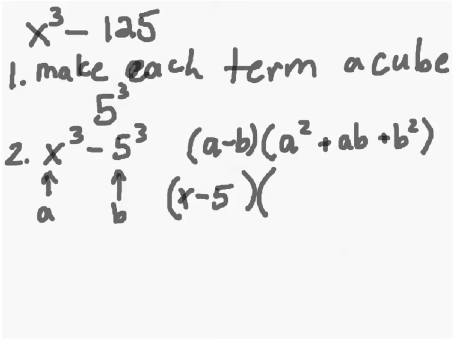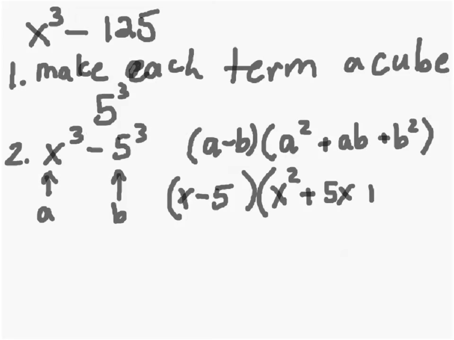So our a squared is x squared. It's a squared plus ab plus b squared. So remember, our a term is x, so then we put that in for our a, so then we get x squared plus, and the next term is a times b, so we have x times 5, or 5x.